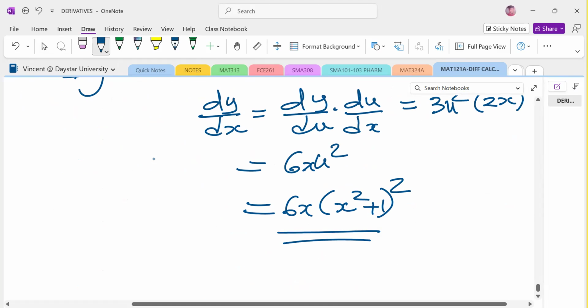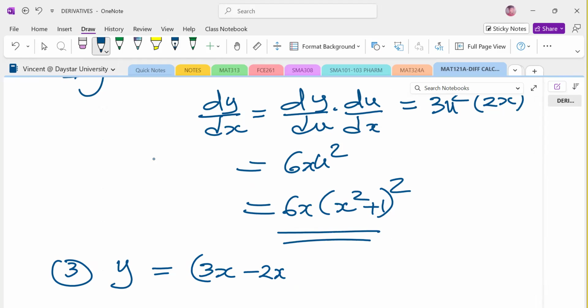Then can you try this? Y equals 3x minus 2x squared power 3.